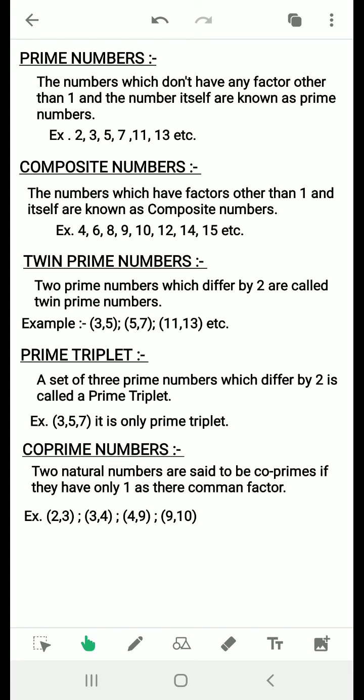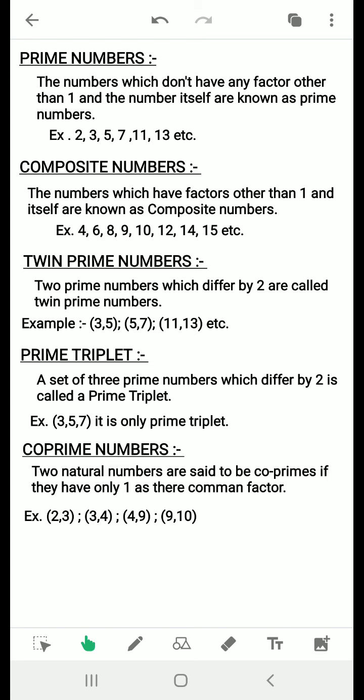If you have learned about HCF and LCM, then, if you didn't learn, I will explain in my next videos, if the HCF of any two numbers is 1, then we can say that these numbers are co-prime numbers. Highest common factor is 1. Then we can say that these numbers are co-prime numbers.